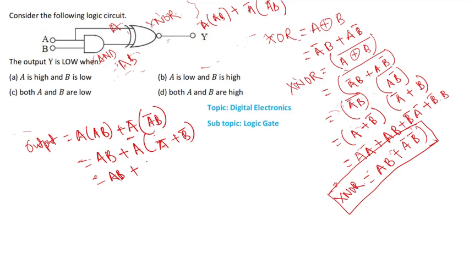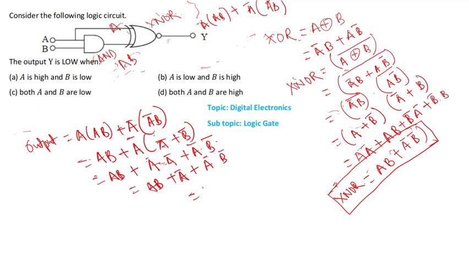So AB plus A bar into A bar plus A bar B bar, right? So it is basically AB plus A bar plus A bar B bar.